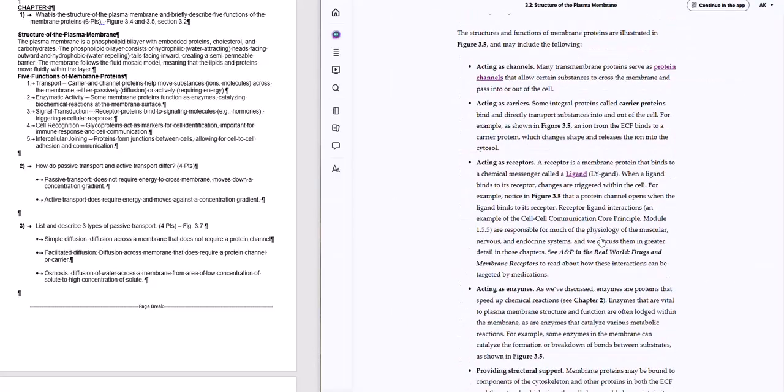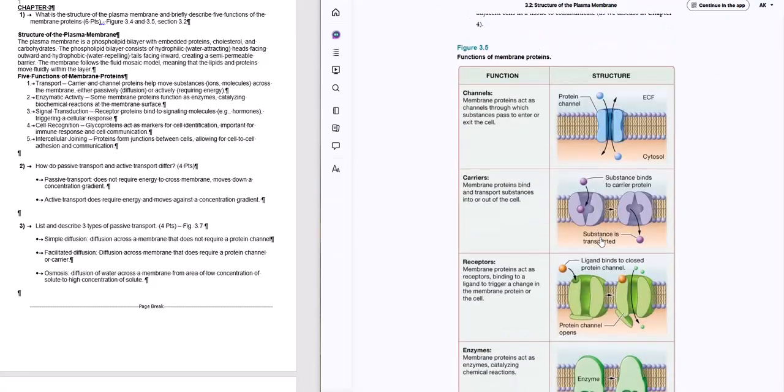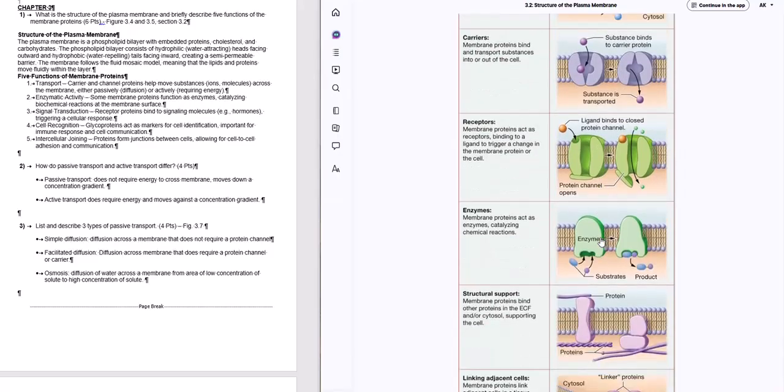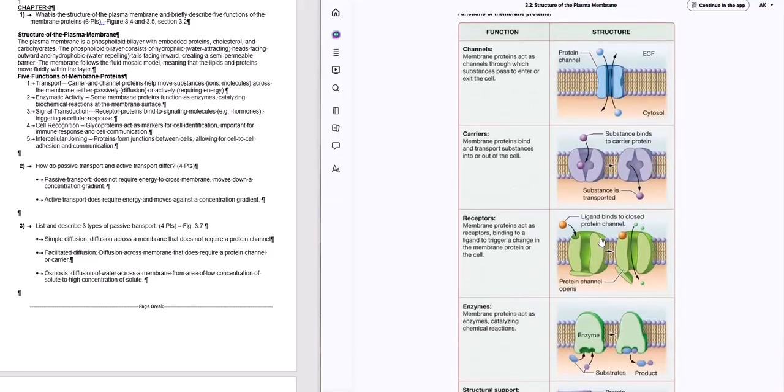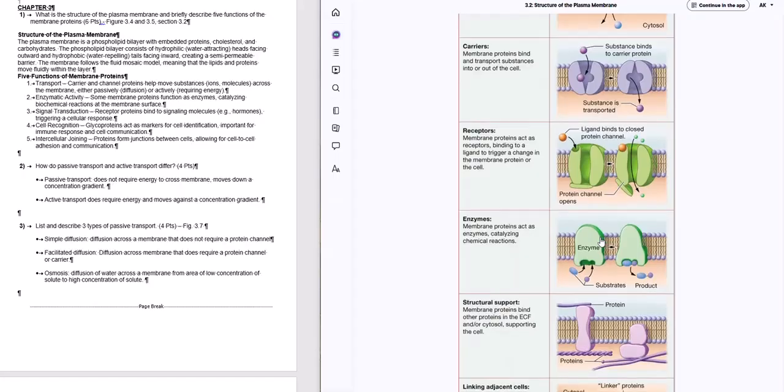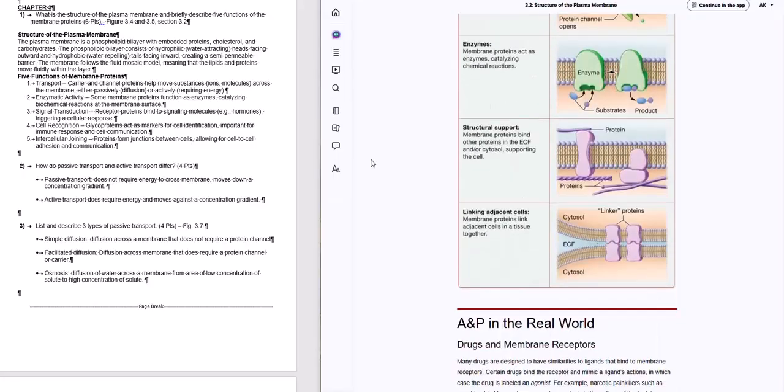And you can see that in Figure 3.5, that they act as transport, enzymatic activity, signal transduction, cellular recognition, and intercellular joining. But remember, to get the full 6 points, make sure you give a little description of what that means.